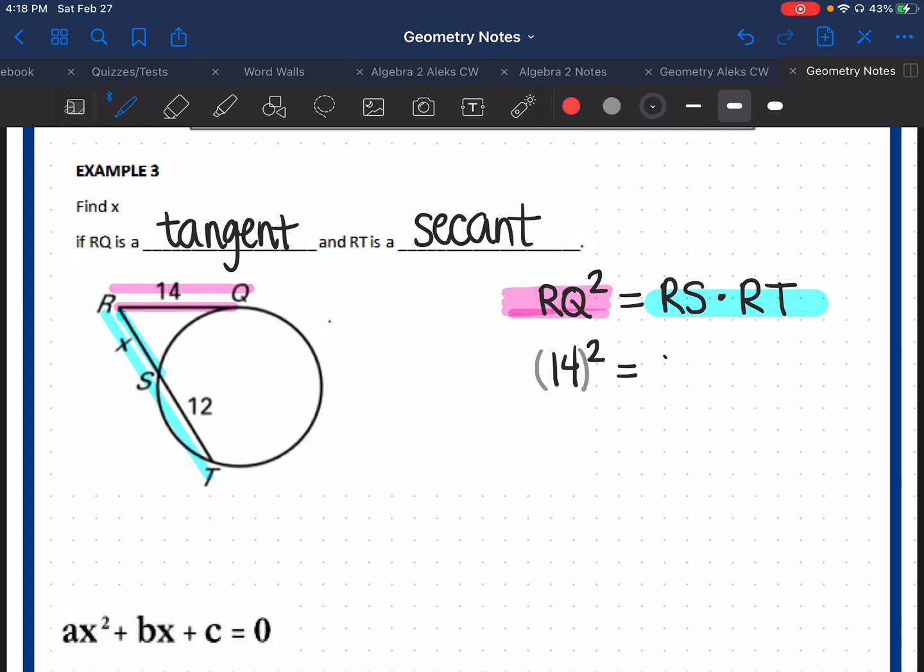And then here I'm going to do x times x plus 12. Remember, for the whole thing, I have to add it together, so it's going to be the x plus the 12, right? Because RT is RS plus ST. All right, 14 times 14 is 196, and if I distribute my x, I get x squared plus 12x.